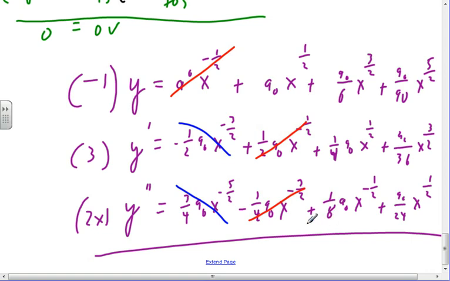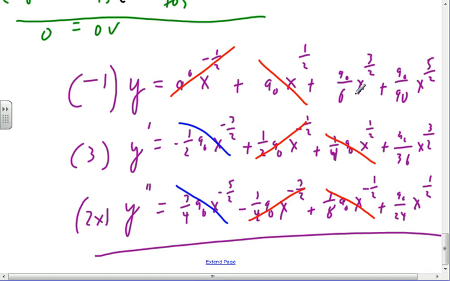Now I'm looking at the x to the 1/2 term, and I get minus 1. I get plus 3/4, and I get plus 1/4. And I don't have to do that. I know that that's 0. So that term goes away. I look at the x to the 3/2 term.